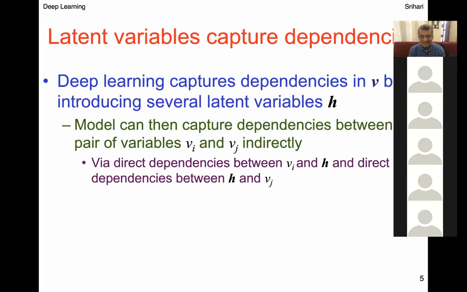Instead of direct dependencies between the Vi's themselves, we look at direct dependencies between Vi and H, and between H and Vj. And this is what goes on here.